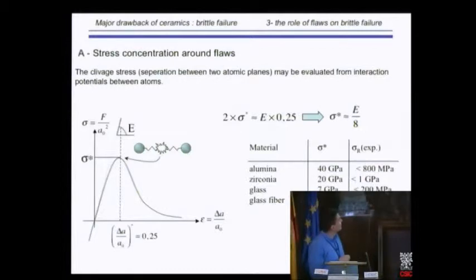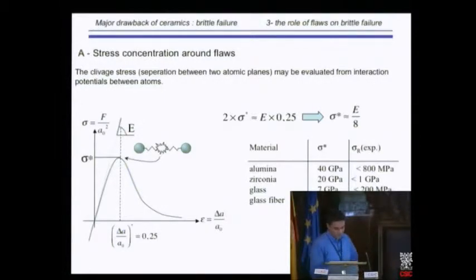So let's talk about stress concentrations around flaws. The cleavage stress is the stress necessary to separate two atomic planes, and it can be calculated or evaluated. In the past, it was evaluated with some hypotheses using analytical models. It can now be evaluated from atomistic simulations, and they quite agree.